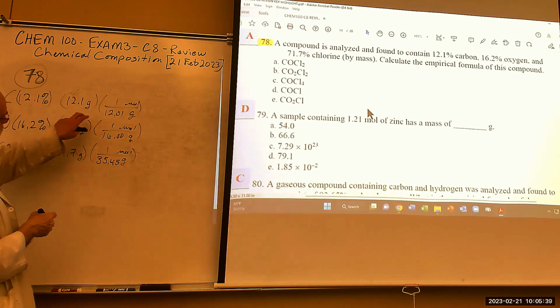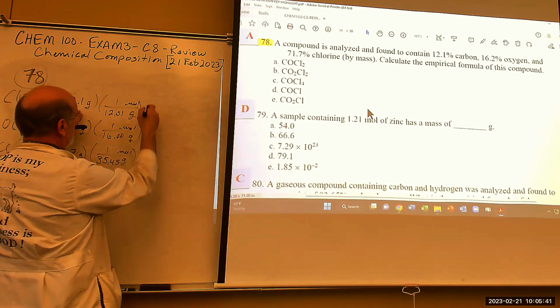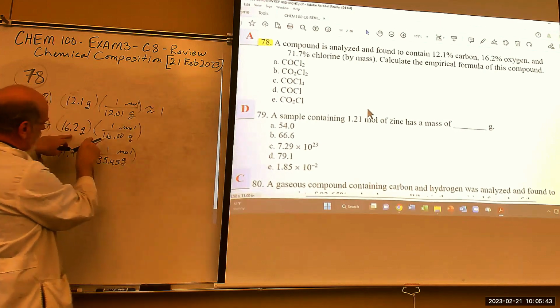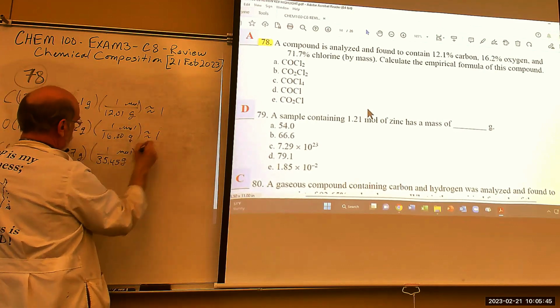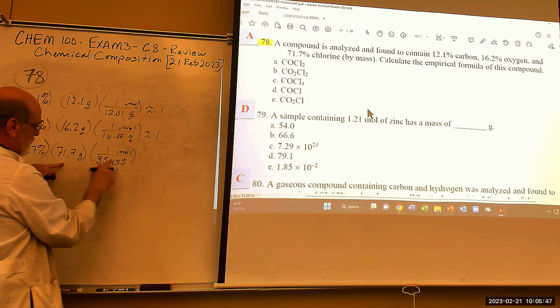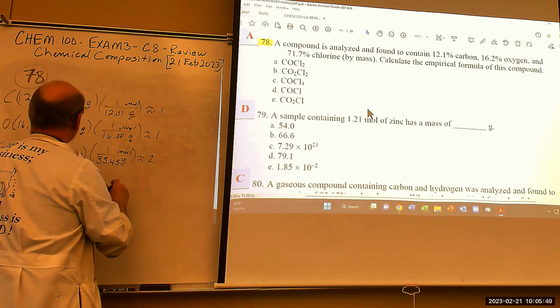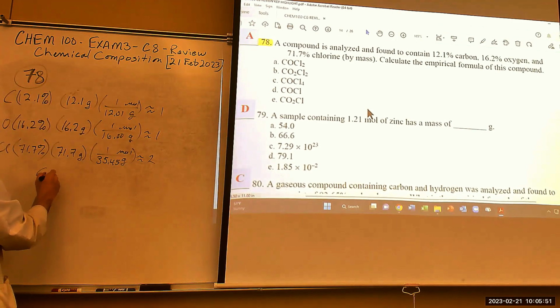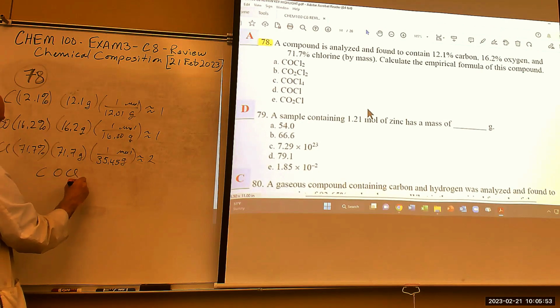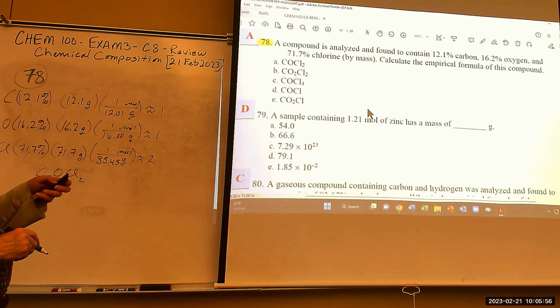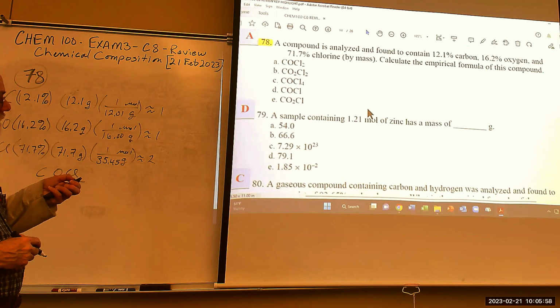You know what I see? We're going to come out with very close to 1 here. Very close to 1 here. And very close to 2 here. So I would venture COCl2. Right there.